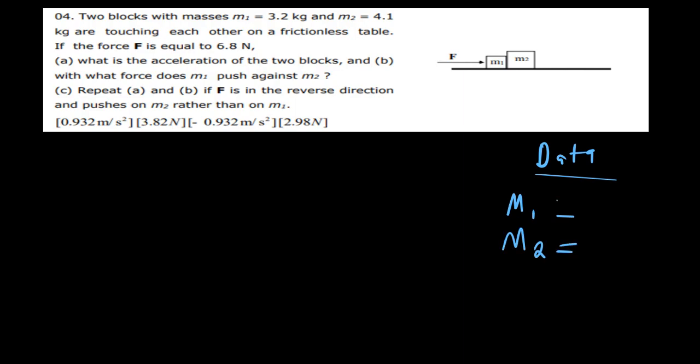In terms of the masses, M1 is 3.2 kg and M2 is 4.1 kg. Then what other thing have we? The force F, we've also been given a force acting on this object to be 6.8 Newton.